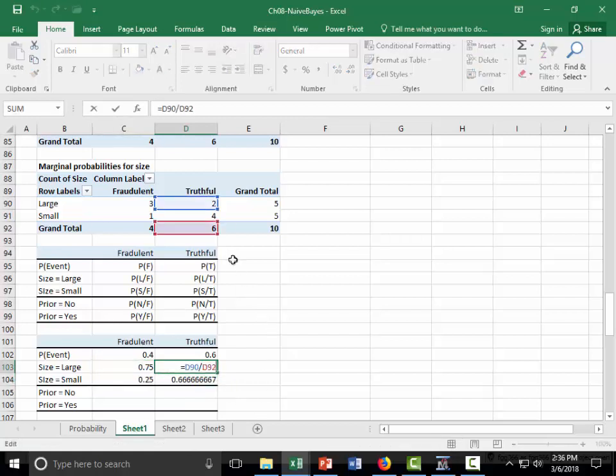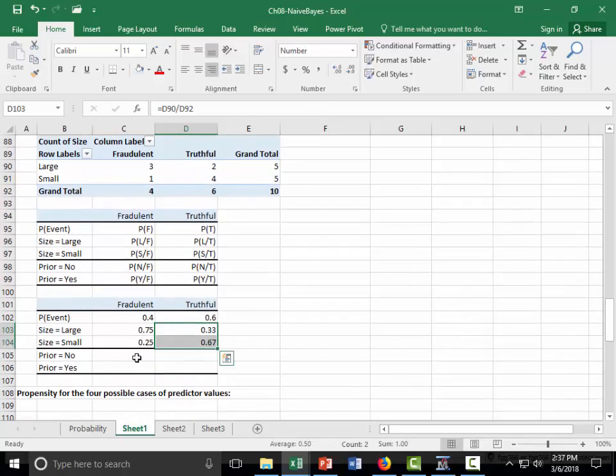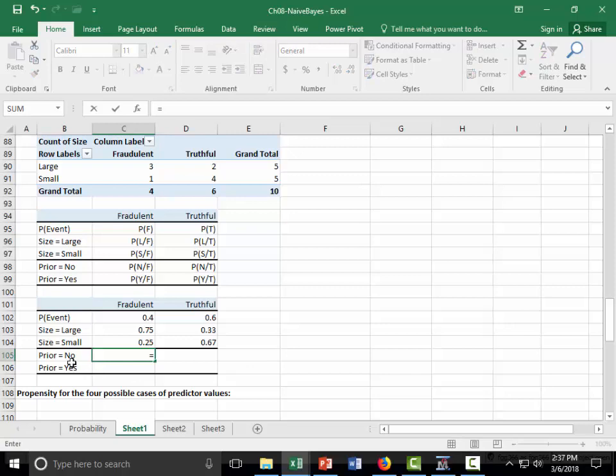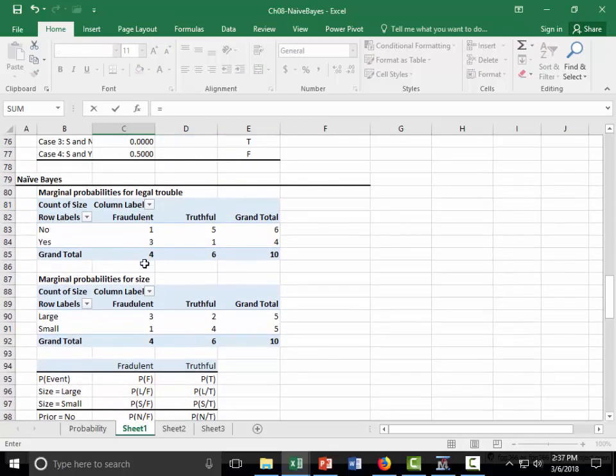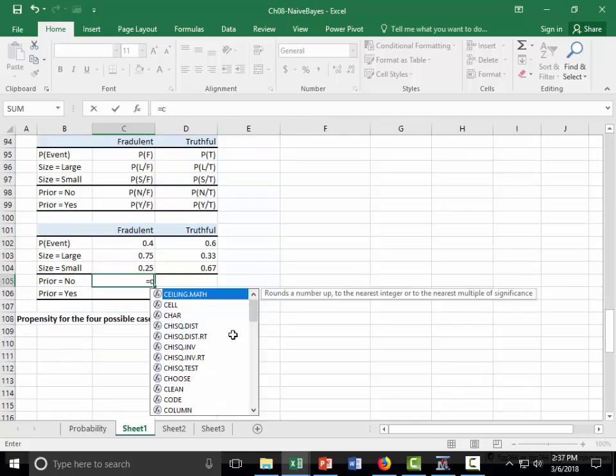So this will be that divided by that, and then 4 divided by 6 will be that. Okay. And then here, no given F. Okay, so no given F will be C83 over C85.